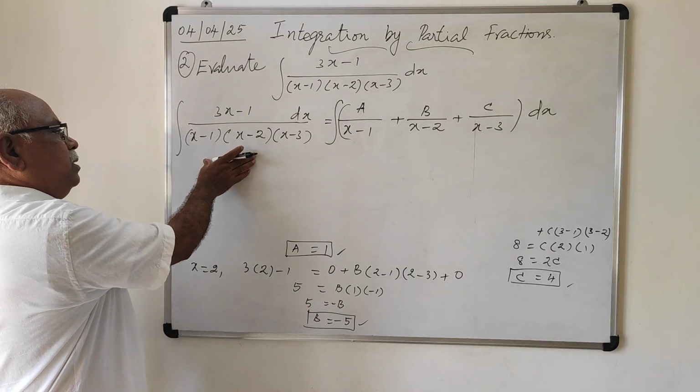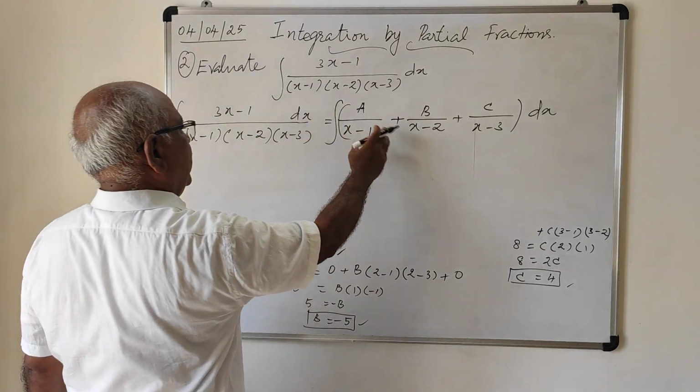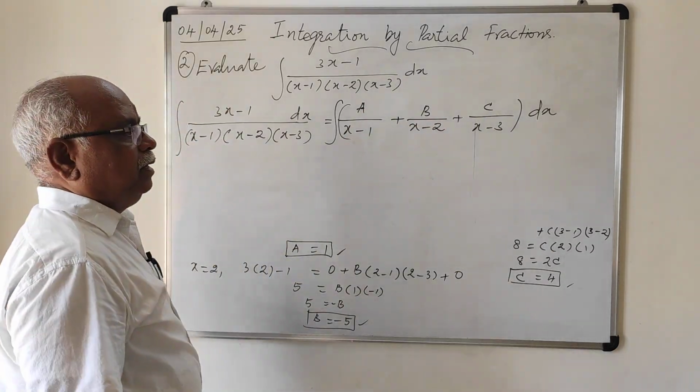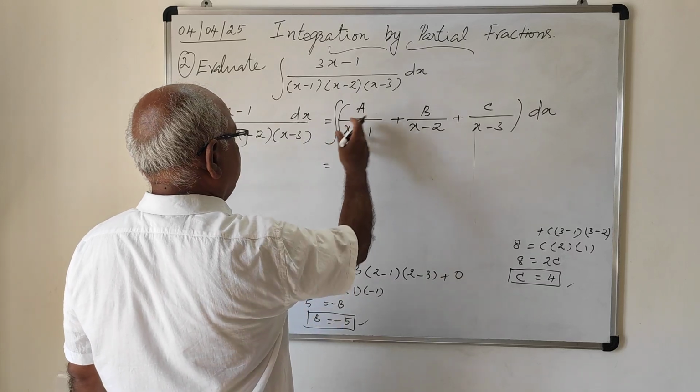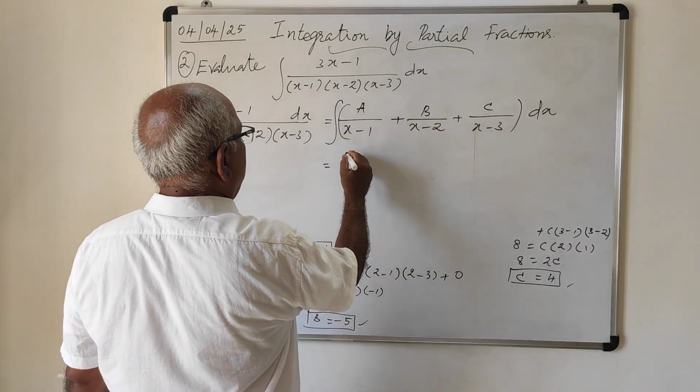So this problem, by the method of partial fractions, is split into 3 terms. By giving the values of a, b and c, we can split this into 3 integrals. What is a? a is 1.